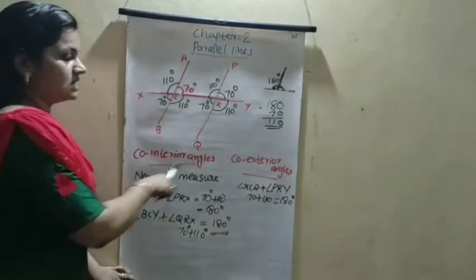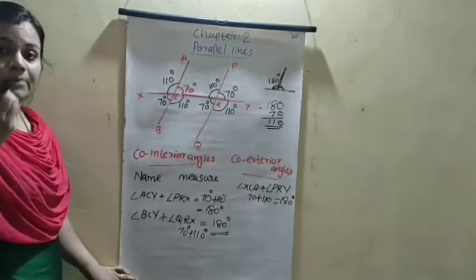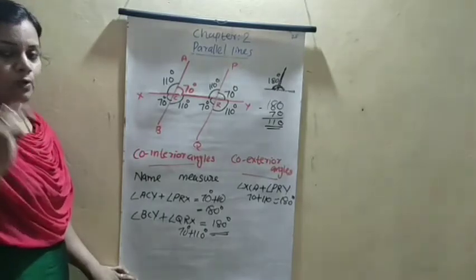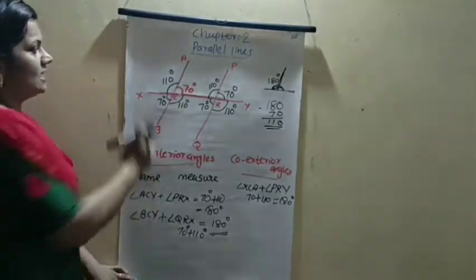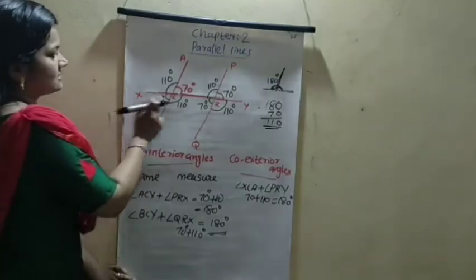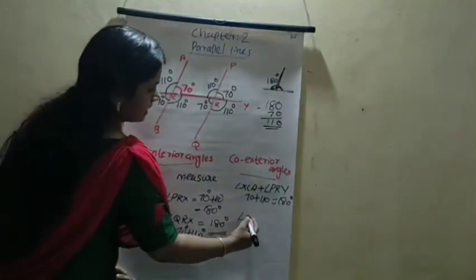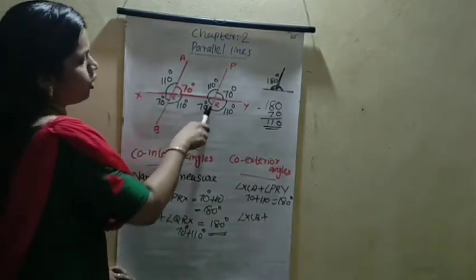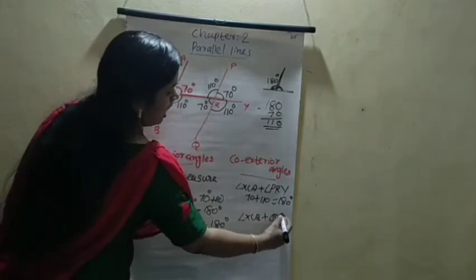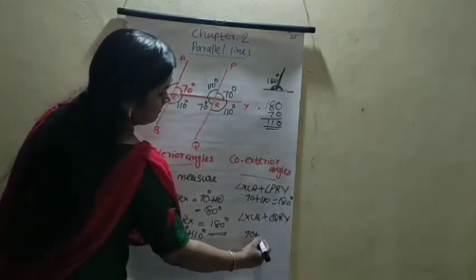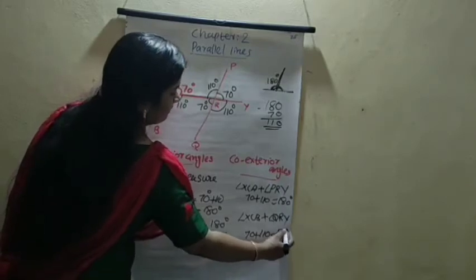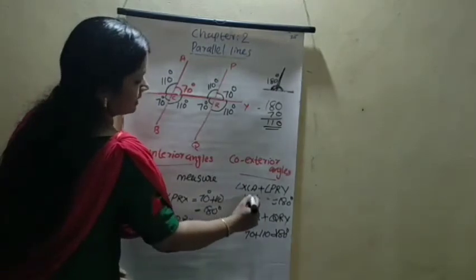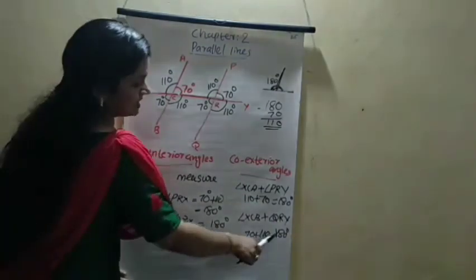Co-interior angles and co-exterior angles are supplementary angles. Supplementary angles make 180 degrees. One pair makes 180 degrees. This is the first pair. The second pair: angle XCB plus angle QRY is equal to 70 plus 110, equal to 180 degrees.